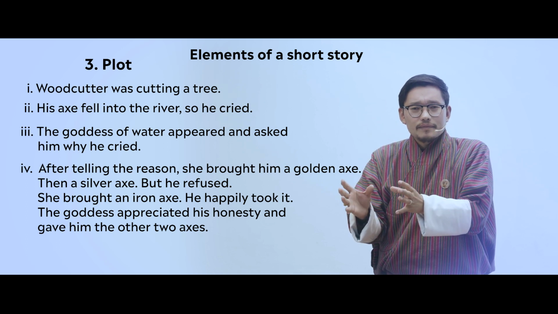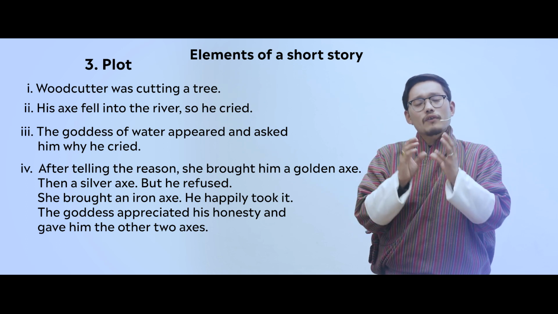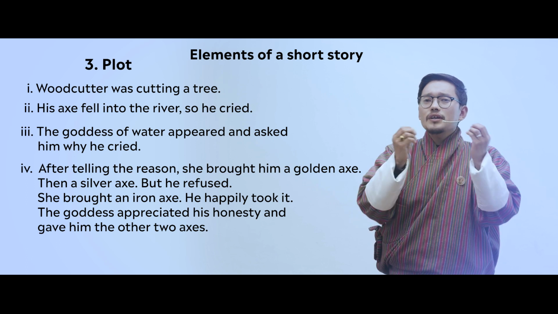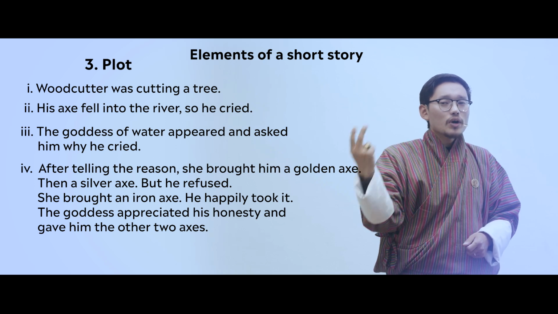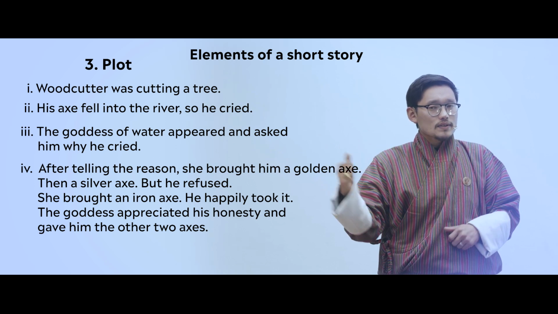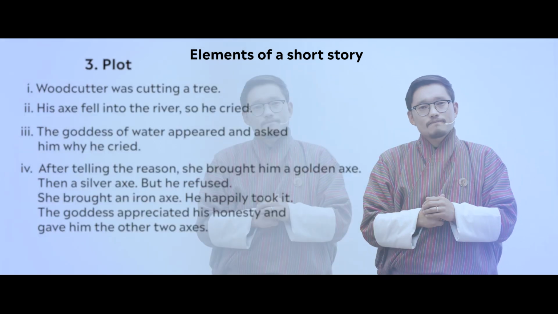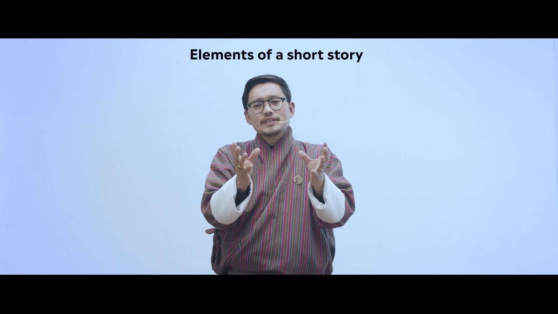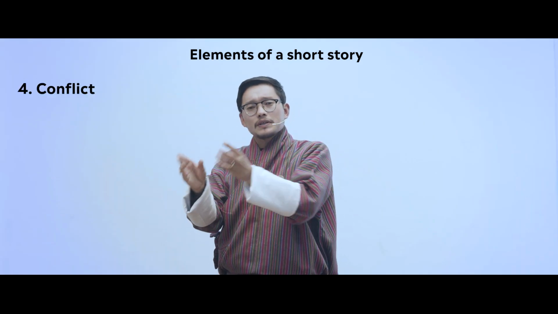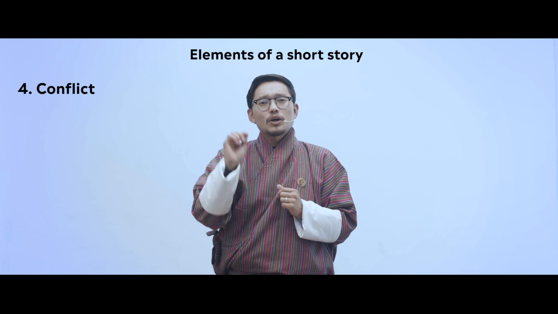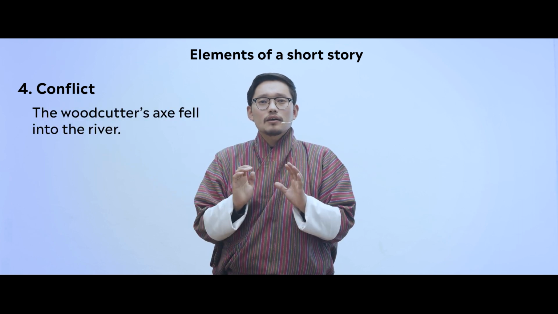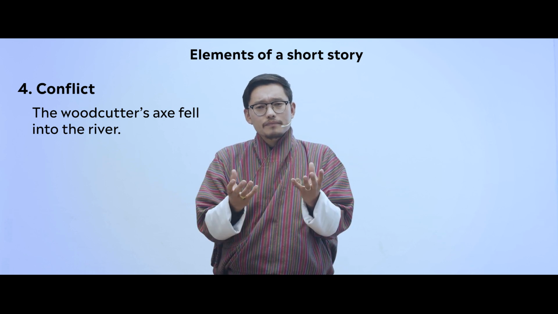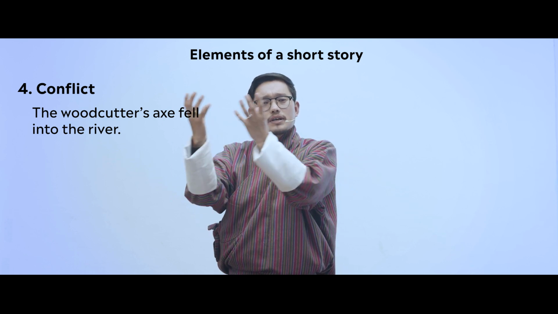Because of this, the goddess of water was very pleased and gave him two other axes, the golden axe and the silver axe. Now, what was the conflict? What was the problem in this story? The woodcutter's axe fell into the river. That was the problem. And this problem makes up the story.